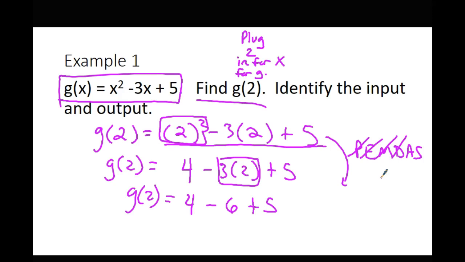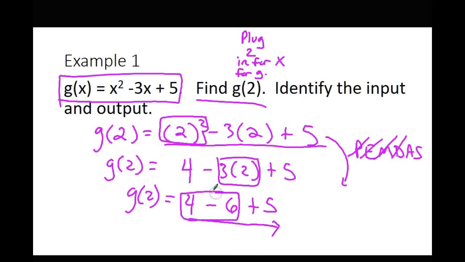Now, here's the unfortunate thing with addition and subtraction. Actually, the same thing applies to multiplication and division. You might think, well, m comes first, so I always multiply first and then I divide. That's not actually true. It's left to right. So as you look up here, you want to go left to right with your adding and subtracting. So what comes first?